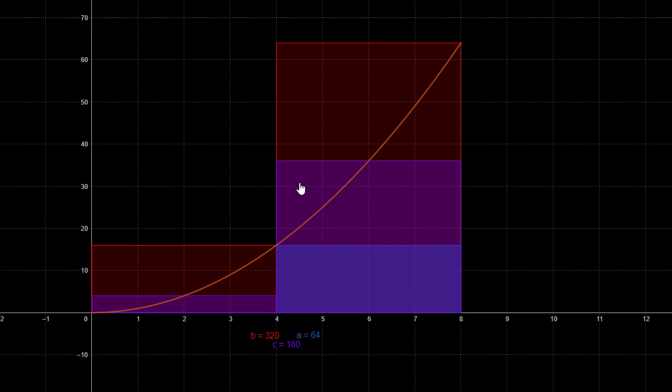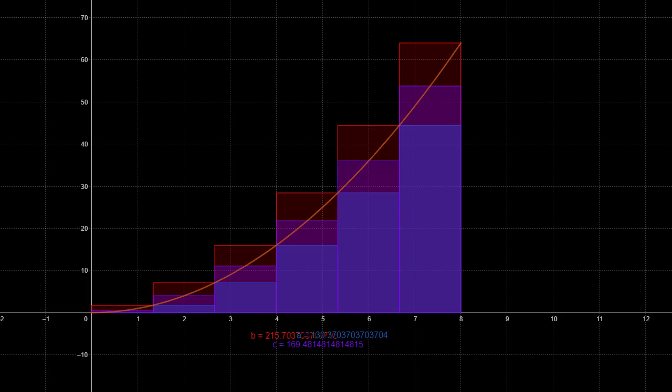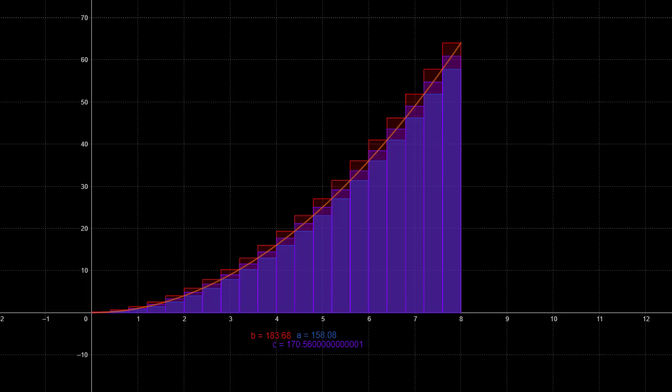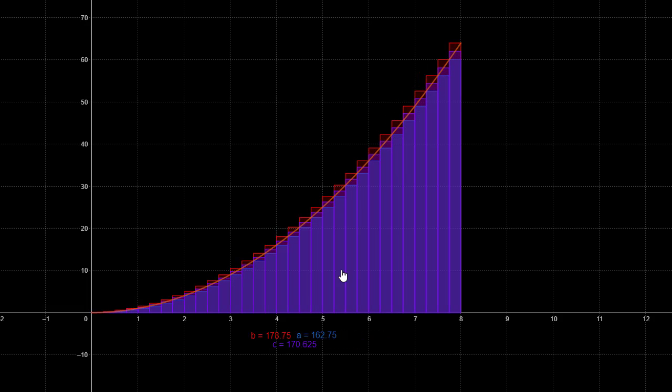This is something you can see on the graph as well. If we look at the graph here, I have all 3 estimates going at once, and you can see their numbers. As we increase our n, you can see that the rectangles themselves are getting closer and closer together. Here we are at n equals 32, and we see how much closer all of these rectangles have become.